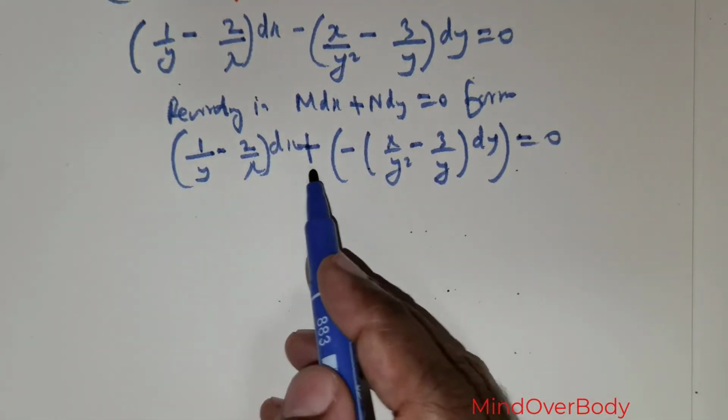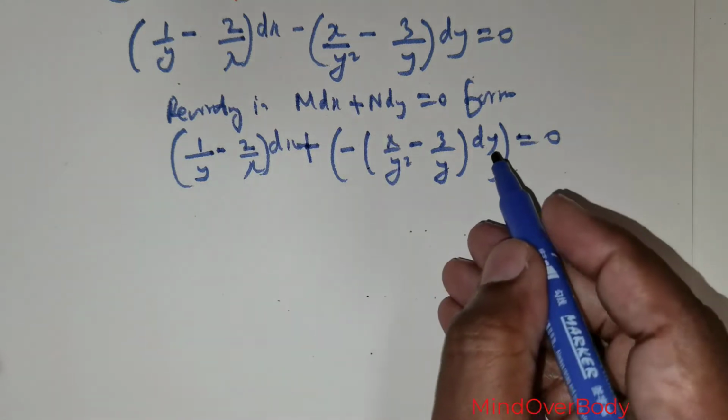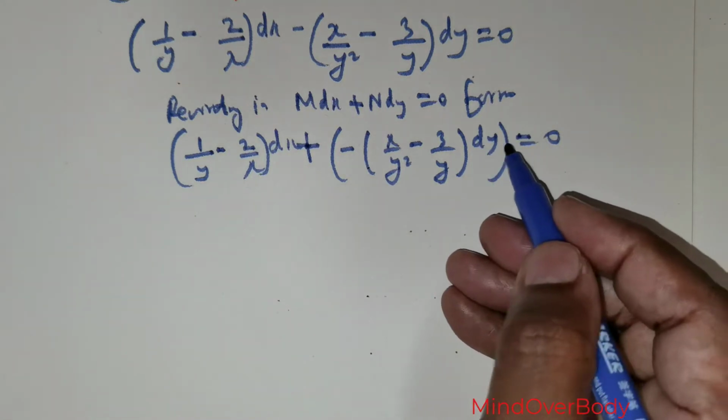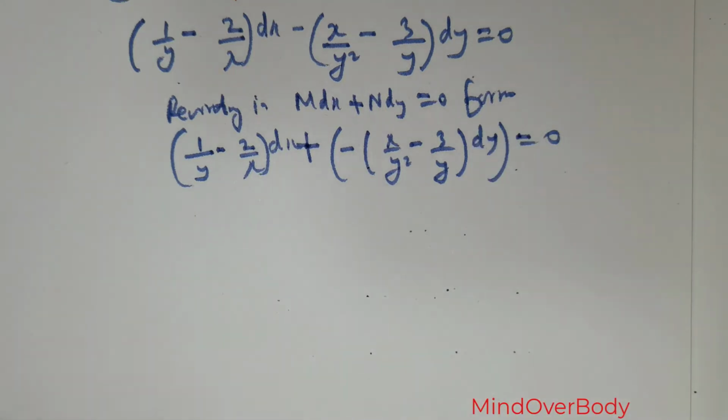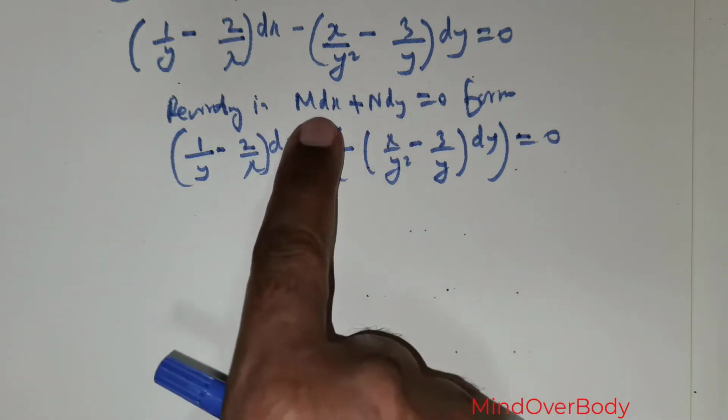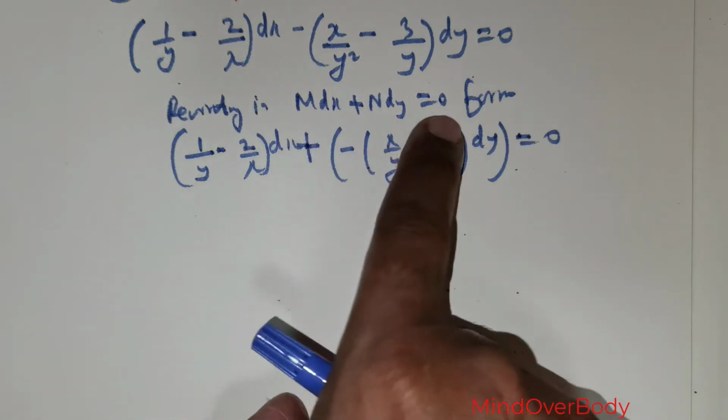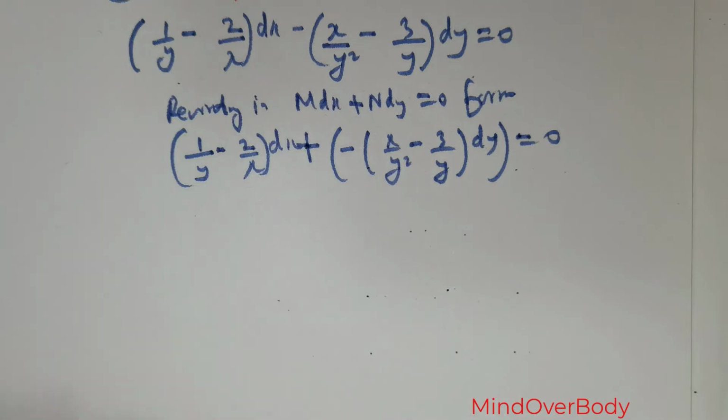I just want to have a plus there. In fact, I should have placed the dy outside of the parenthesis, so that we would have the form M dx plus N dy is equal to 0, but it's okay, never mind.